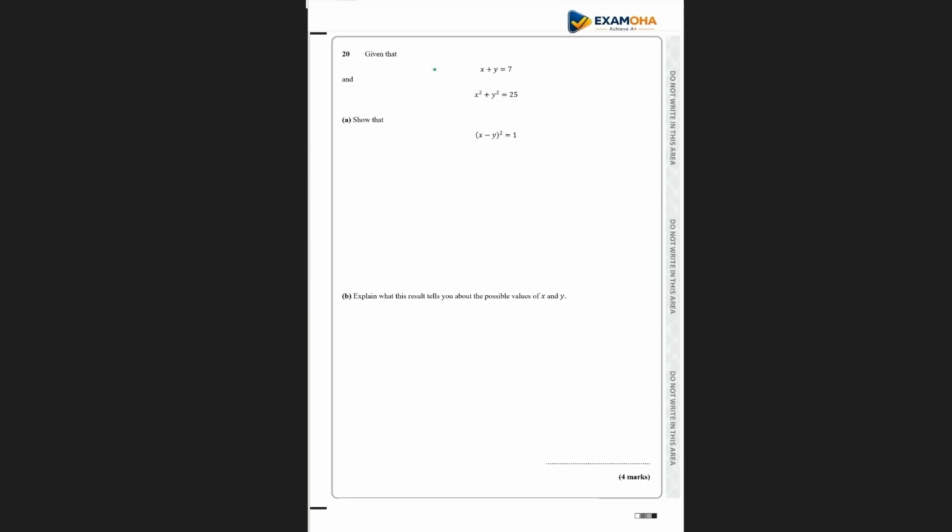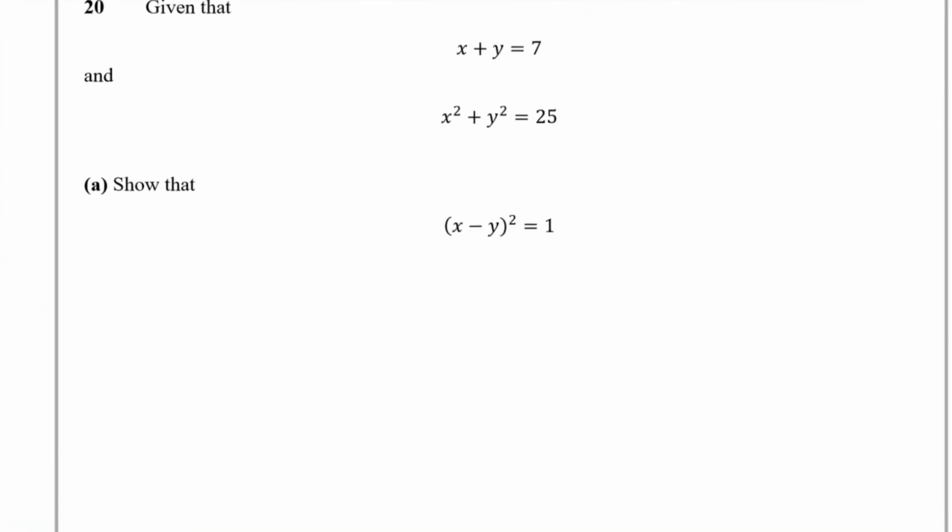This one is a little bit not straightforward. If we read this question, it's telling you, given that x plus y equals 7 and x squared plus y squared equals 25, show that (x take away y) squared equals 1. You might not be sure how to start this one and how to reach the proof afterward.